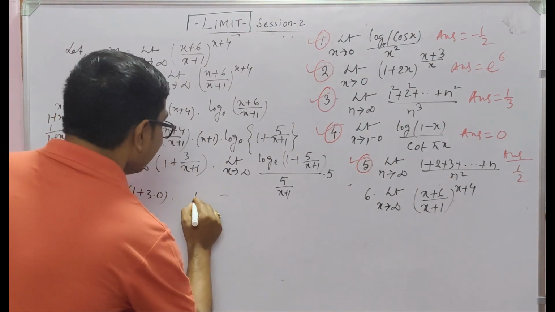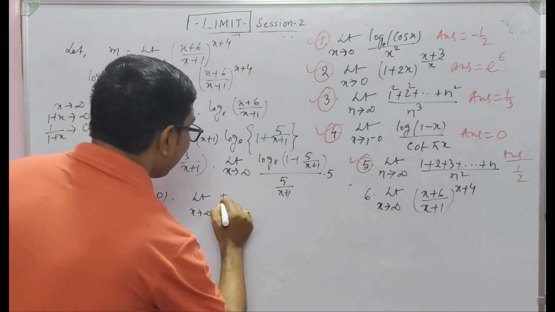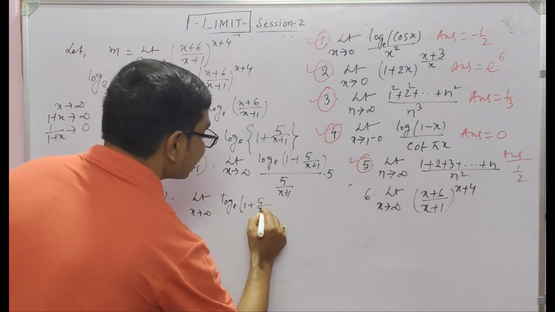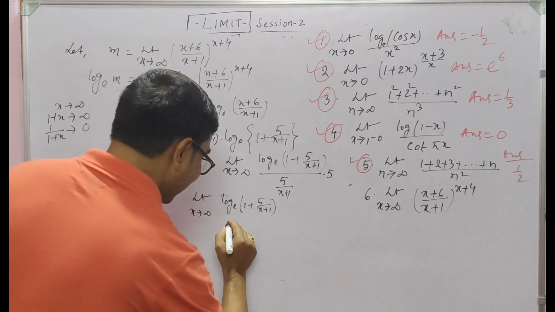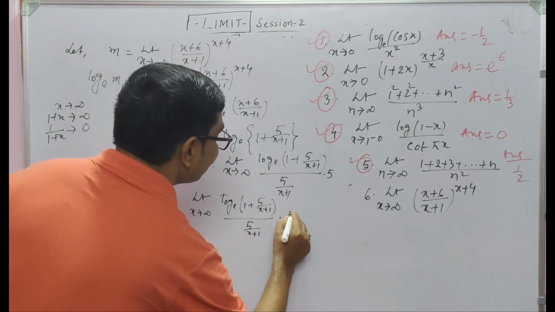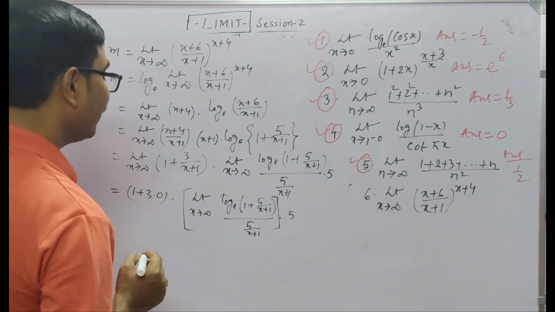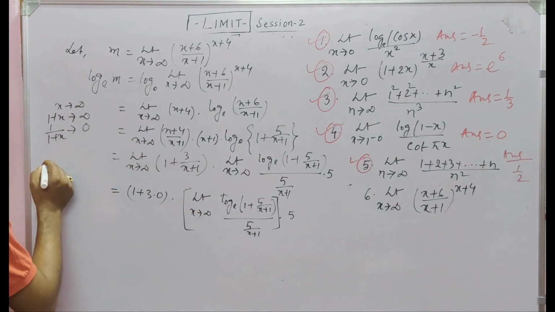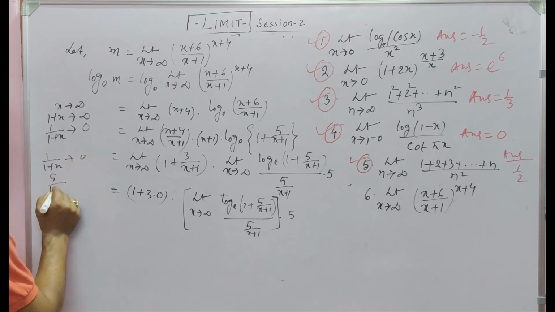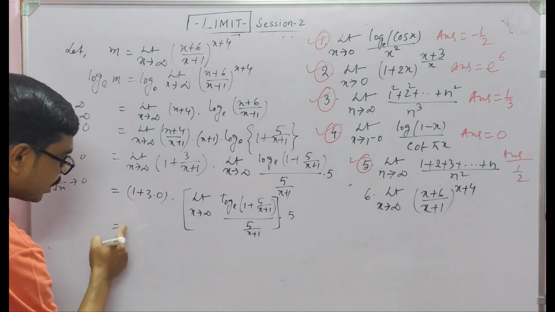Limit x tends to infinite, log 1 plus 5 by x plus 1, log 1 plus x by x, into 5 এর জন্য একটা limit দিলাম। তাহলে এখন এখানেও আমরা লিখতে পারি যে 1 by 1 plus x tends to 0, that is 5 by 1 plus x tends to 0, so this result is 1.